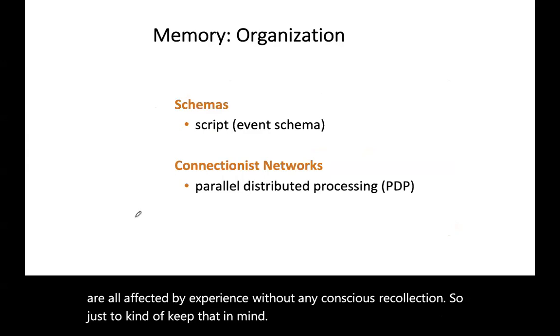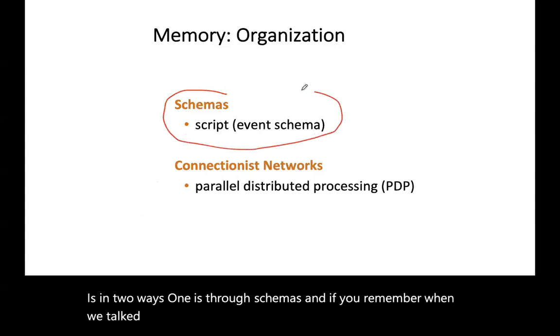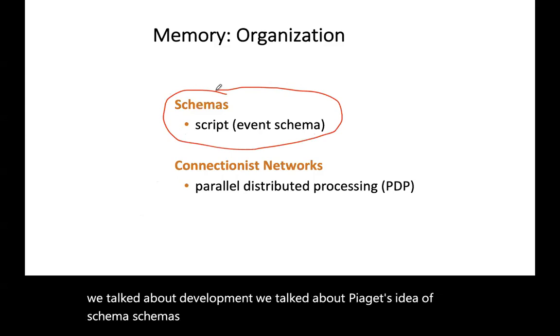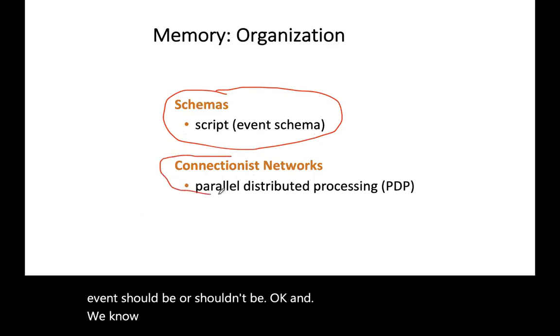Okay, the way our memories are organized is in two ways. One is through schemas. And if you remember when we talked about development, we talked about Piaget's idea of schema. Schemas are a unit of information or a script of how an event should be or shouldn't be, okay? And we know that memories are connected through this connectionist model.